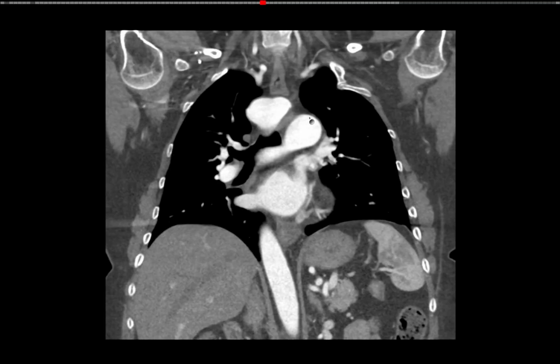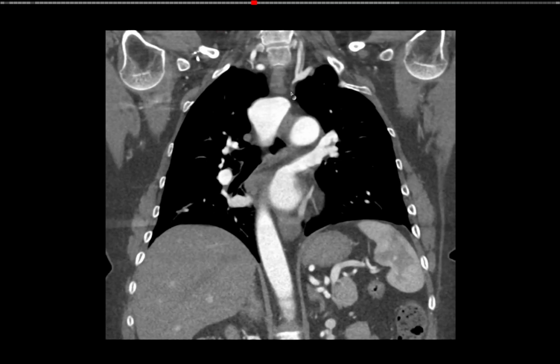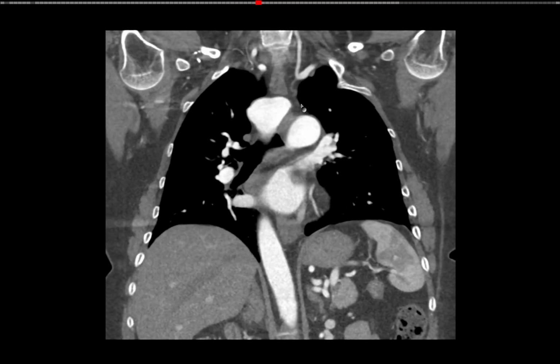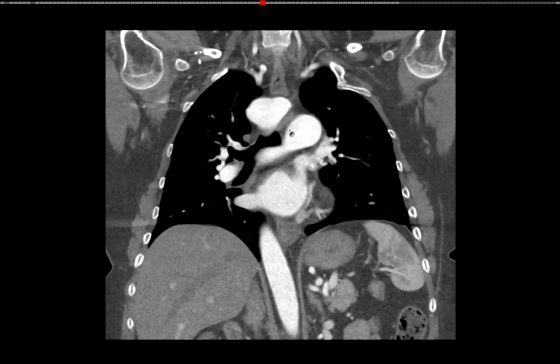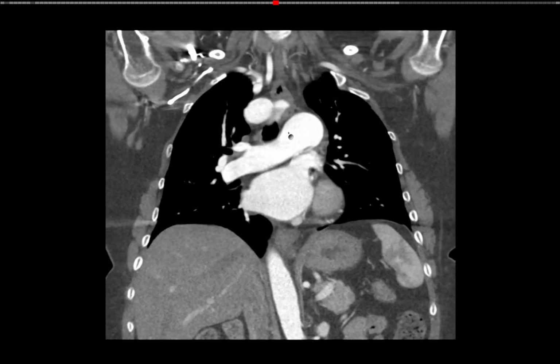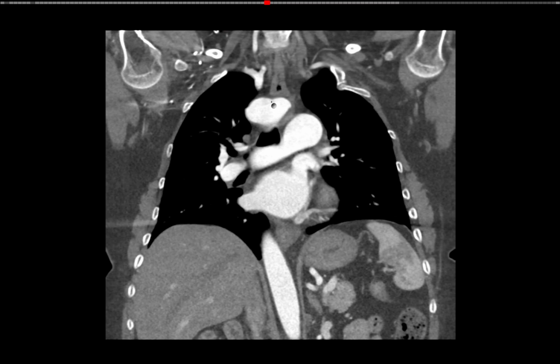Here we can see the anatomy: a little notch-like structure, vertebral and subclavian, and a little structure here. And you can see the degree of impression on the esophagus by this diverticulum-like structure.